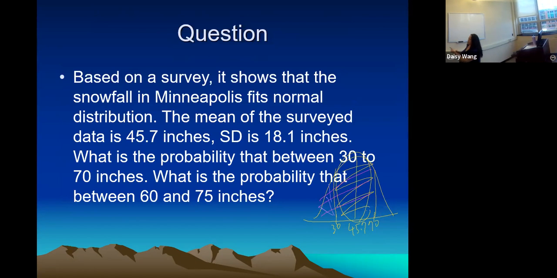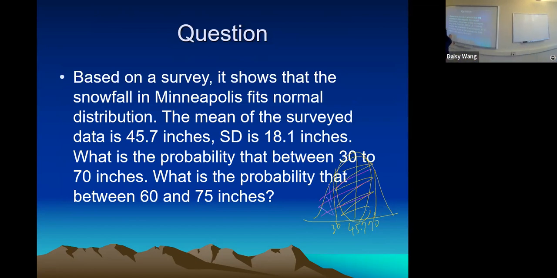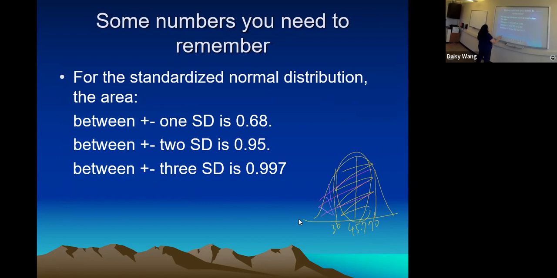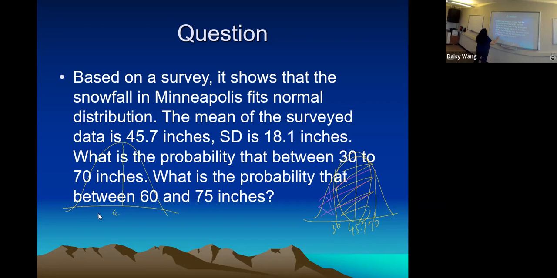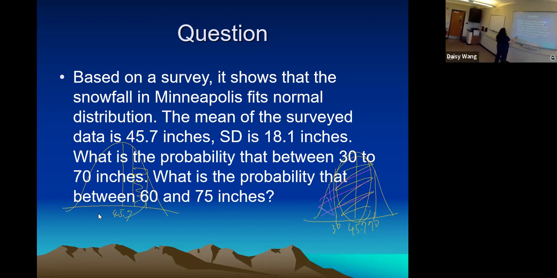The second one is between 60 and 75. The mean is still 45.7, and then 60 and 75. So the second one is between these 2. Again, we use the area here minus the area here to get this area.